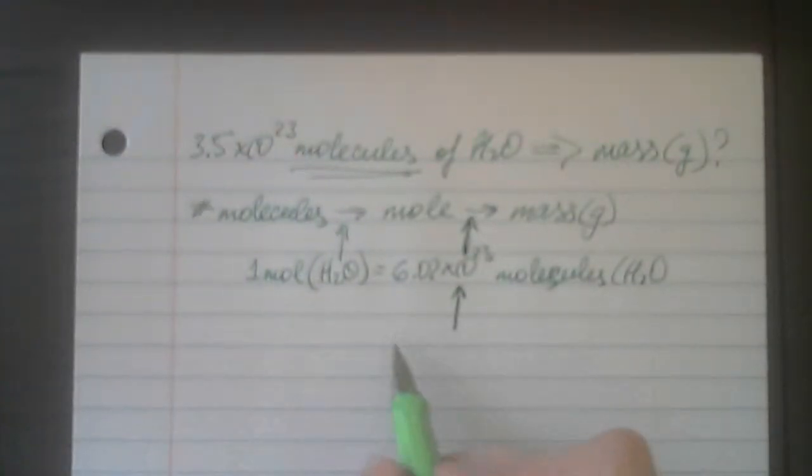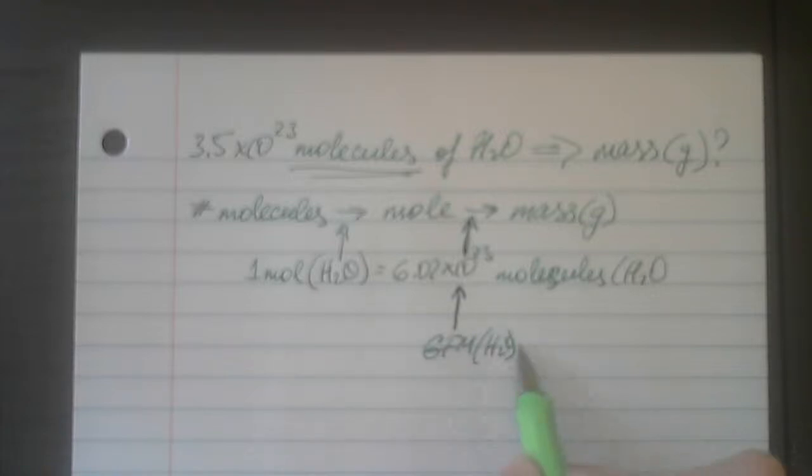We will be using the gram formula mass of water, H2O. Gram formula mass of water is 1 mole of hydrogen times 2 plus 16. So it's 18 grams per mole.